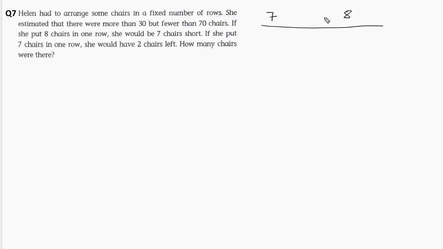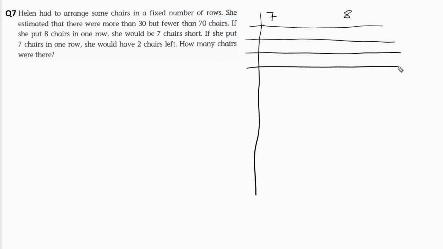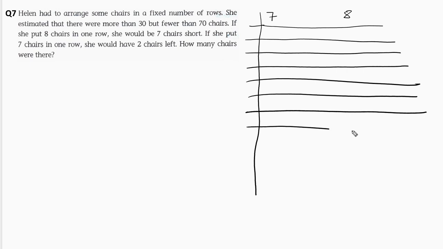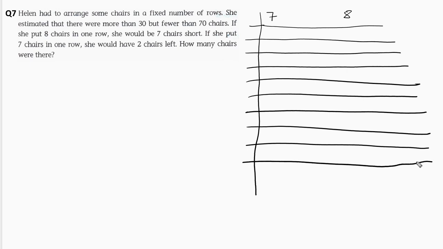Okay, and I am going to do some rows for this. So hang on, let's go a bit further. I'm going to do a table. So let's say that's 1, 2, 3, 4, 5, 6, 7, 8, 9, 10.